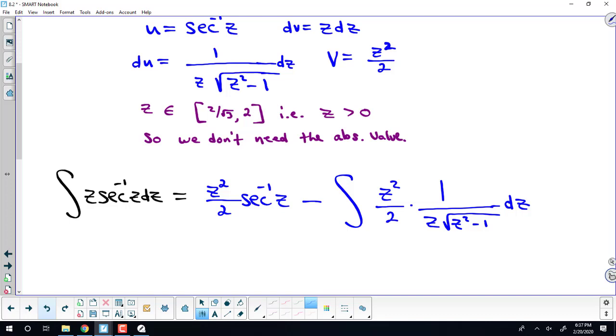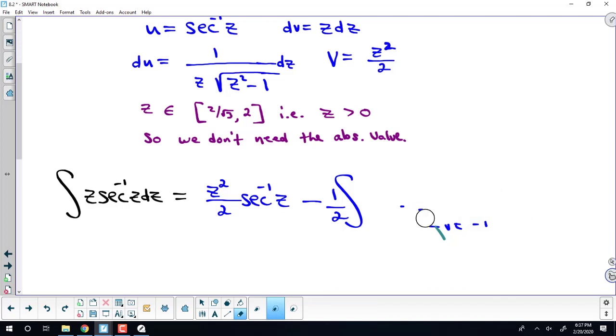So we'll simplify the integrand here. We can cancel out one of the z's with this z, and then, if you want, I'm going to move the constant 1/2 out front as well. Z over root z squared minus 1, that's what we have.